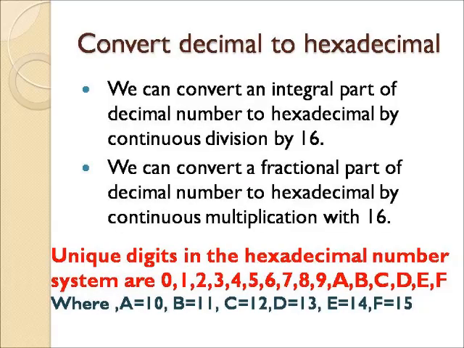Our next task is converting a decimal to hexadecimal. We know that in the hexadecimal number system we have 16 unique digits.